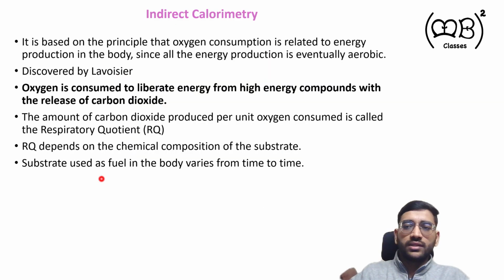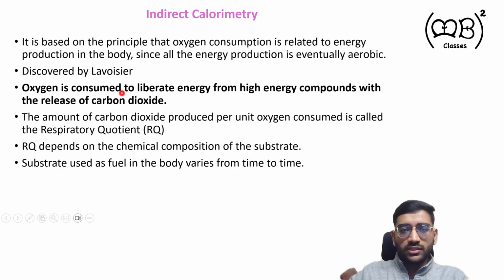So in the later 1900s, they came up with the concept of indirect calorimetry. It's based on the principle that oxygen consumption is related to energy production in the body, because eventually everything happening is aerobic. The conversion of all the food or substrate would require oxygen for complete oxidation and would produce water and carbon dioxide.